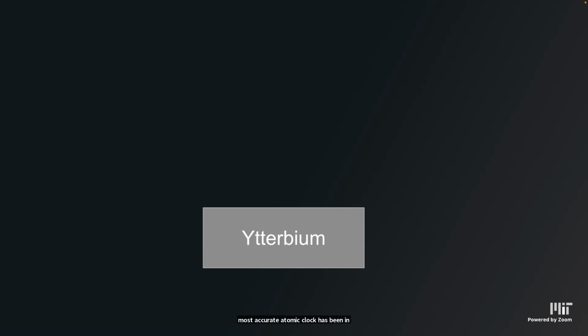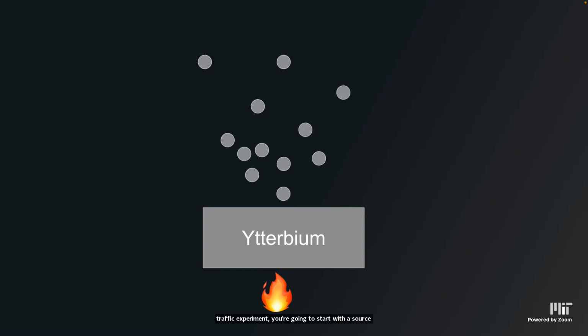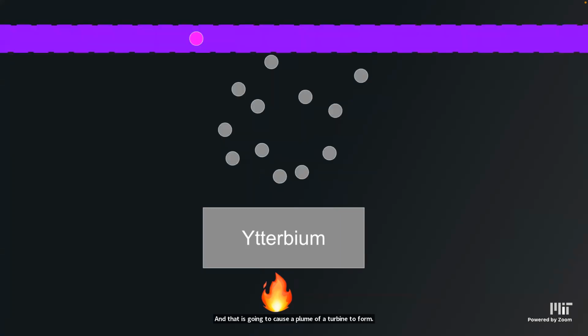So we have this block of ytterbium and we heat it up. And we can do this with electricity. We can do this with a laser beam. Basically, with your ion trap experiment, you're going to start with a source, in this case, ytterbium, and heat it up. And that is going to cause a plume of ytterbium to form. So now we have these hot atoms floating out of this block. And now we can do cool stuff with the chemistry of ytterbium. We zap it with an ionizing laser.